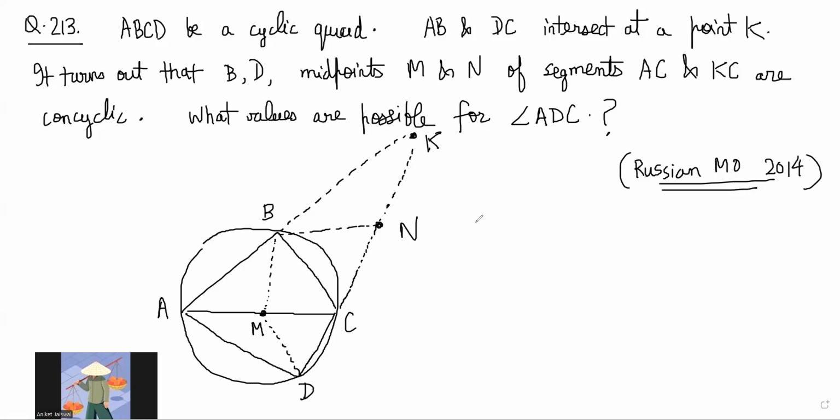First of all, we know that M is the midpoint here and N is the midpoint here, right? Obviously we should connect MN and think of the midpoint theorem, and we know that MN is parallel to AK. Also, MN is half of AK.